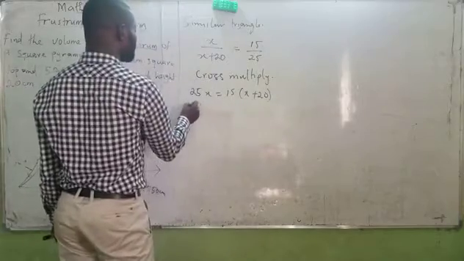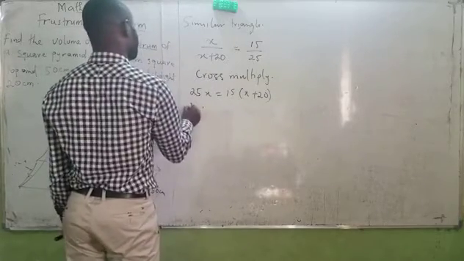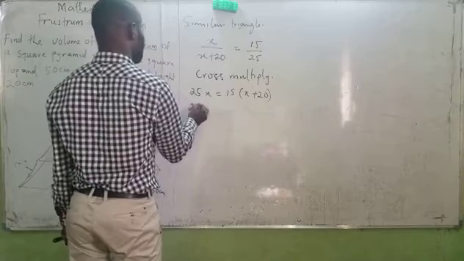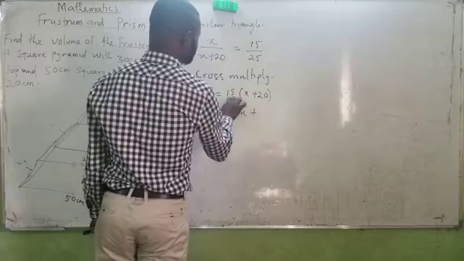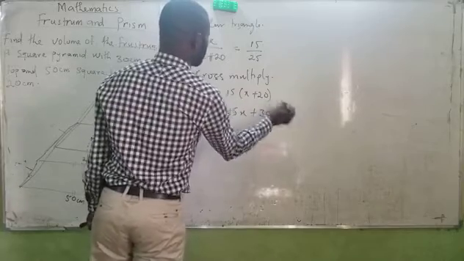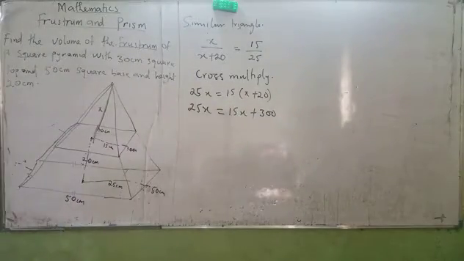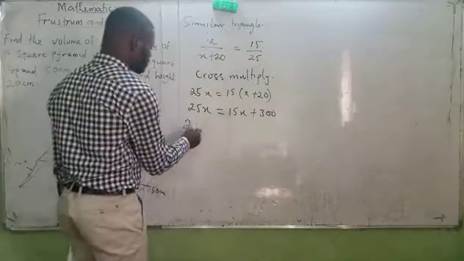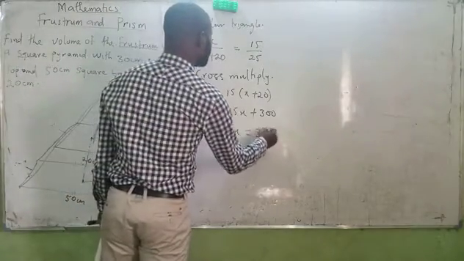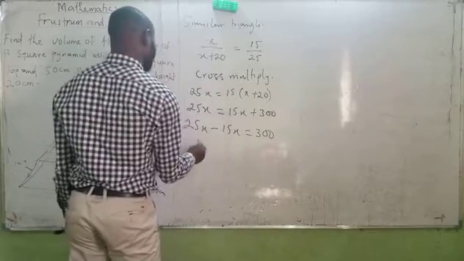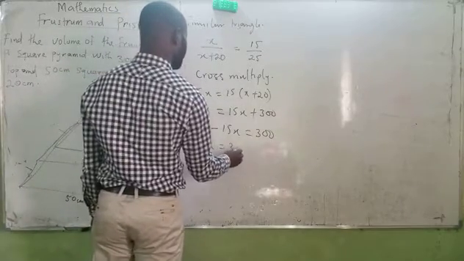Now, here will be 25x equals 15x plus 15 times 20, that will be 300. If I collect like terms, it will be 25x minus 15x equals 300, which gives 10x equals 300.